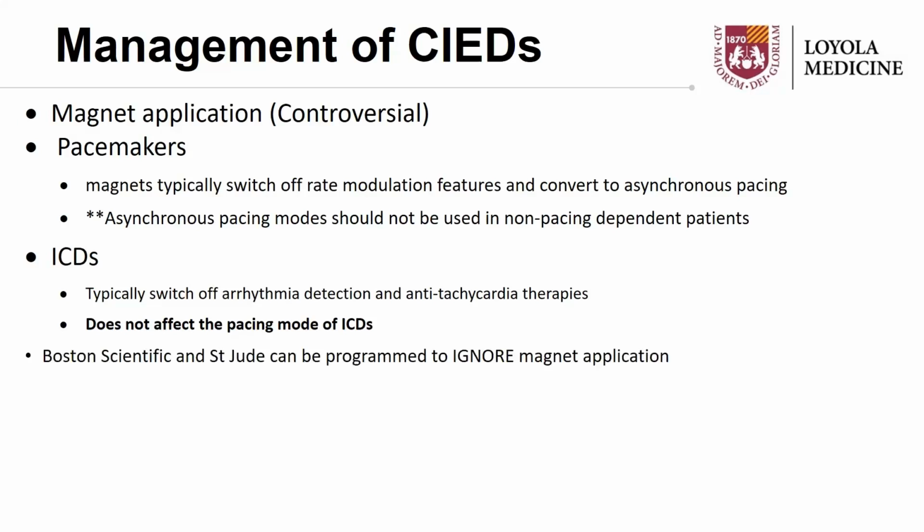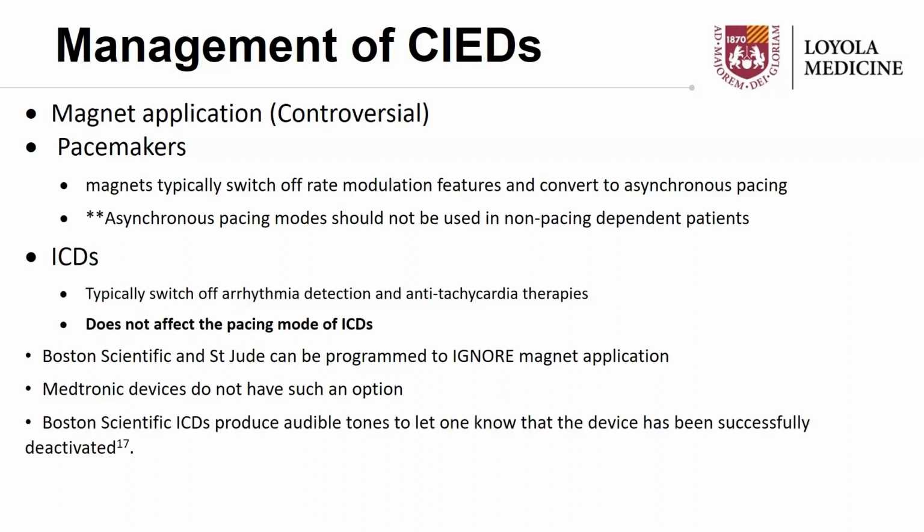Also, some devices such as Boston Scientific and St. Jude have the ability to be programmed to ignore magnet application, which underscores the issue behind the attitude of just put a magnet on it. Medtronic devices do not have such an option, and for the most part, magnet application should reliably deactivate the device.